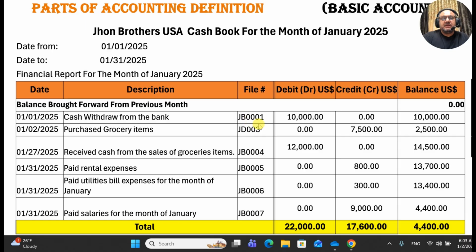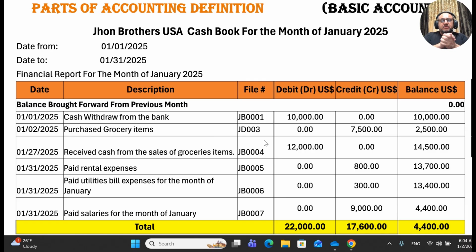We have JB 001 for cash, and for the purchase of groceries we have 003. For cash received from the sales of groceries we have 004. In the same way, expenses 05. These are numbers. By these numbers we understand the names of each account. We can separate the accounts.